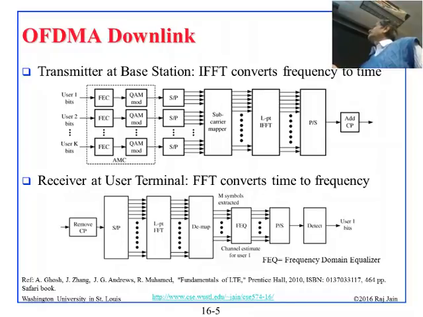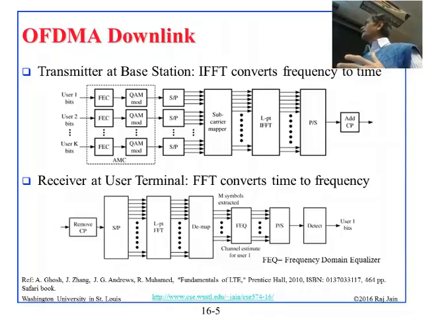Now you serialize it, so it looks like one bit stream or one waveform stream. And you add the cyclic prefix and you send it off on the air. Notice that everything starts as serial and goes out as serial, but in between we make all these things parallel and randomize them.